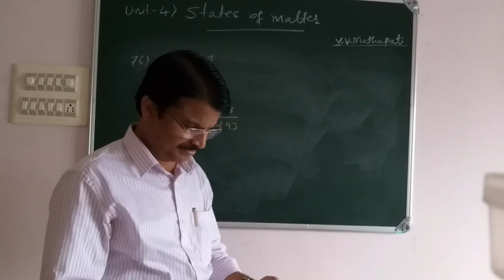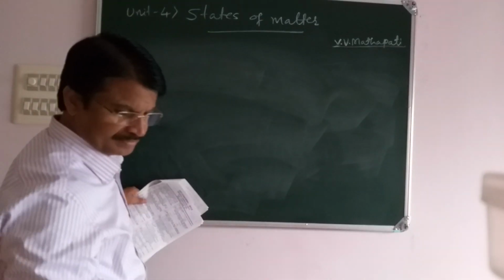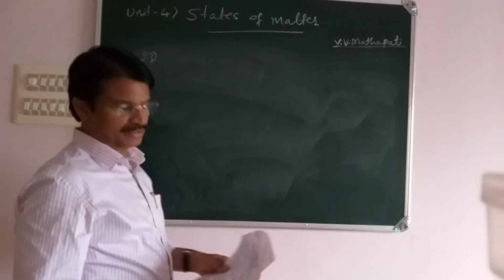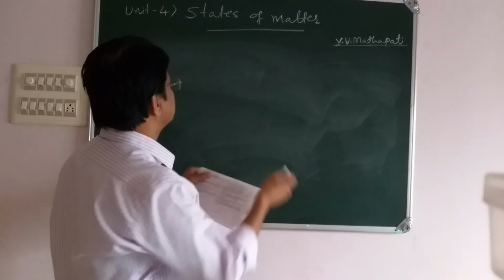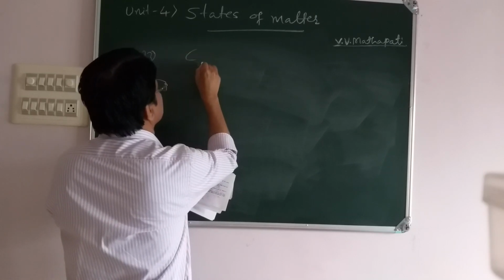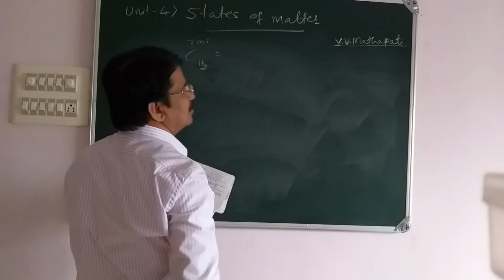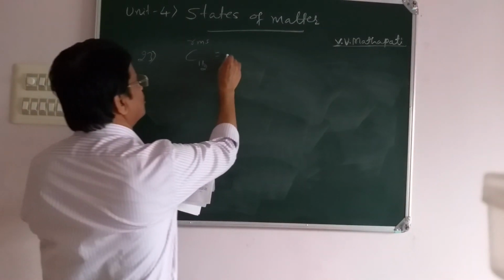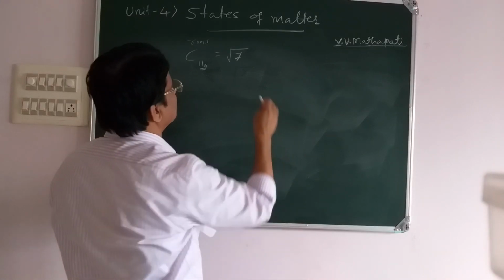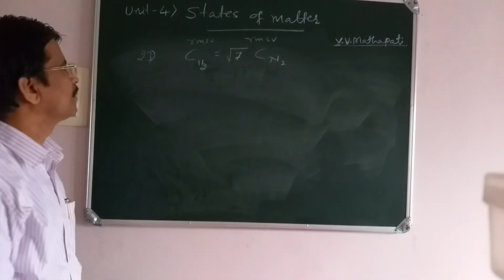Question number 23. The RMS speed of hydrogen is root 7 times the RMS velocity of N2.